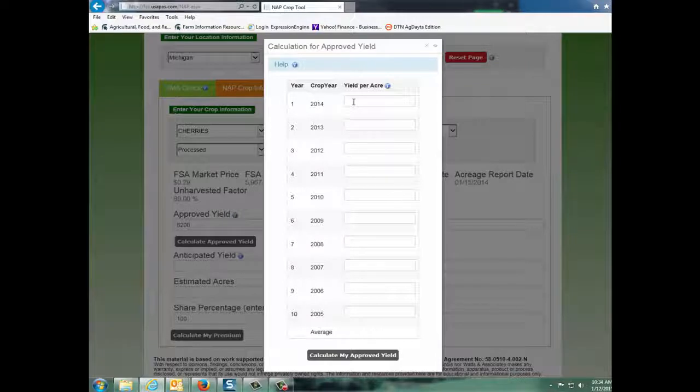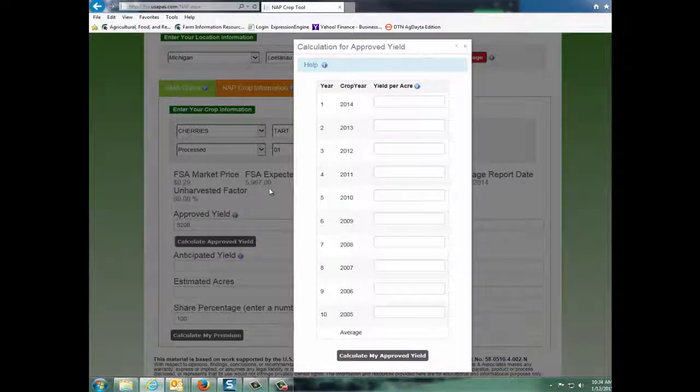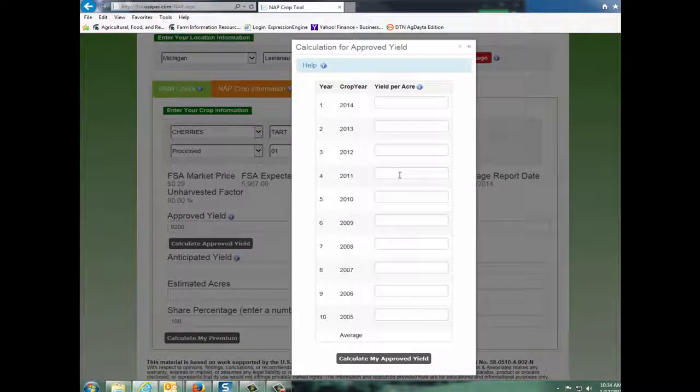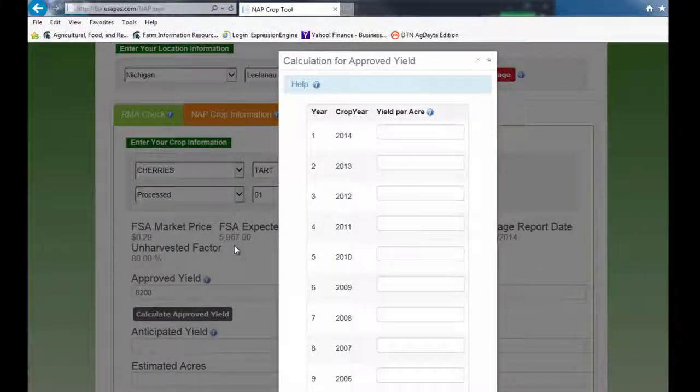If you enter fewer than 4, they're going to have to incorporate this FSA expected county yield. If no yields are available, they're going to take this 5967, multiply it times 65%, and that will be your yield for each of the last 4 years. If 1 year is available, you can put in that 1 year, and the other 3 years would be at 80% of this Farm Service Agency expected county yield.